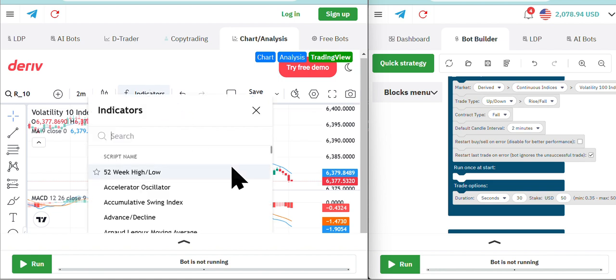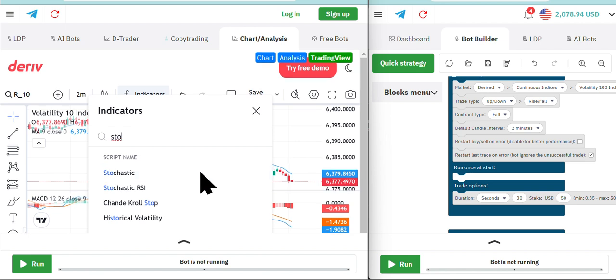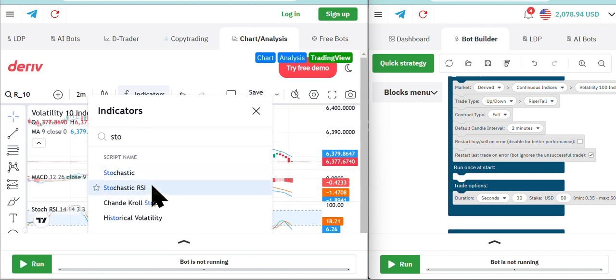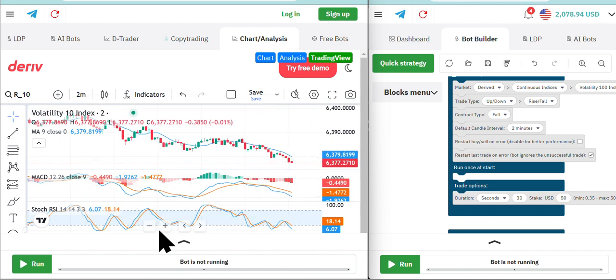Another indicator that we're going to use is the stochastic RSI. So let's select it. You can see on the stochastic RSI we have these two lines, and we also have the blue region. When these two lines cross this blue region, that means the market is in an overbought or oversold region.